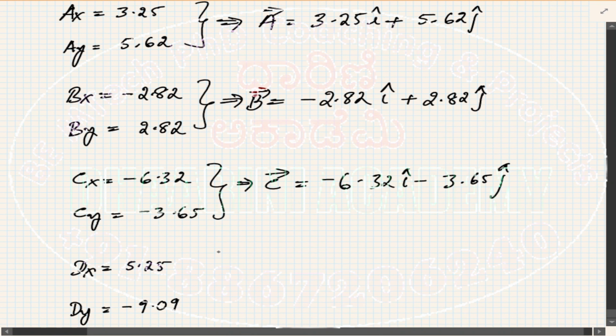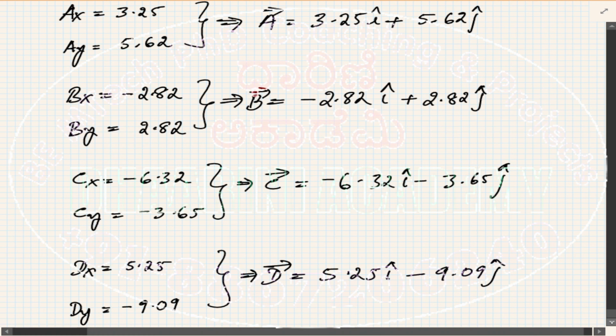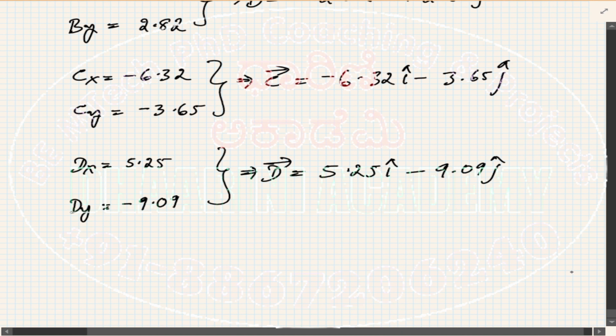All right, very similarly, vector D can be written as 5.25 i cap minus 9.09 j cap. All right, very simple, straightforward.